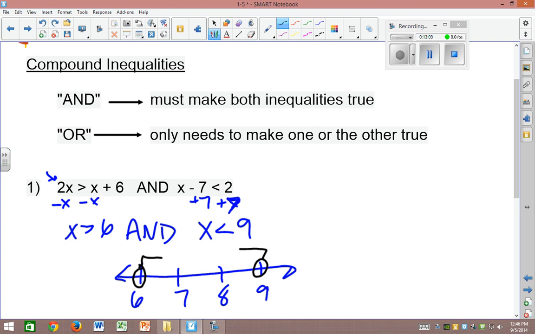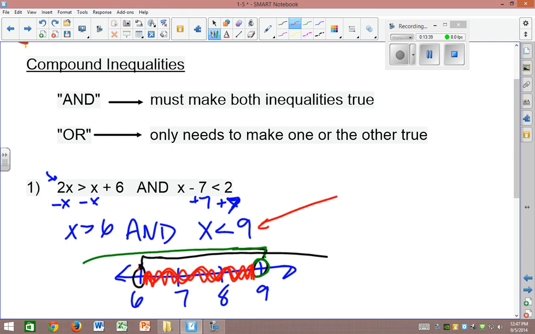If you think this is green and this is black, where do you make both true at the same time? Just in between. So here is our final solution. Leave the circles open because there's no equal signs anywhere. So 6.1 would make it true, and 8.9 would make it true.